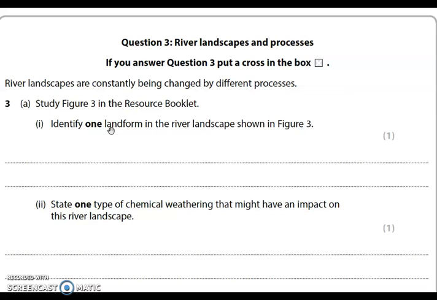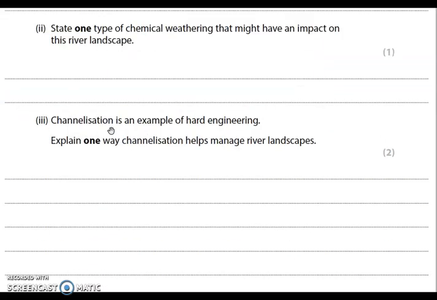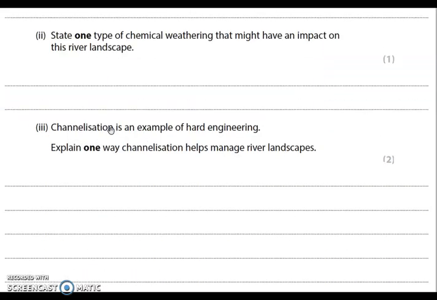So you've done the first one, let's move on to the next question. And similar to coasts, what we will find is a number of very sort of short questions before we move on to the longer one. So the next question is state one type of chemical weathering that might have an impact on this river landscape. Again, the command word is state, very, very basic. You only need to give one type of it.